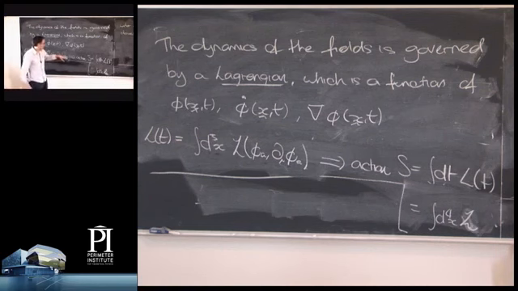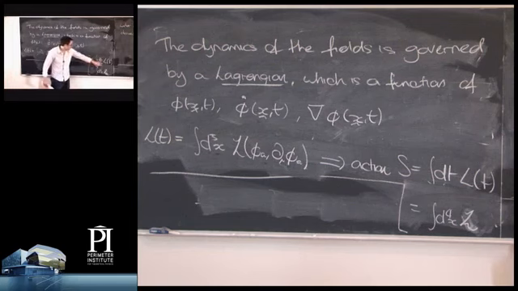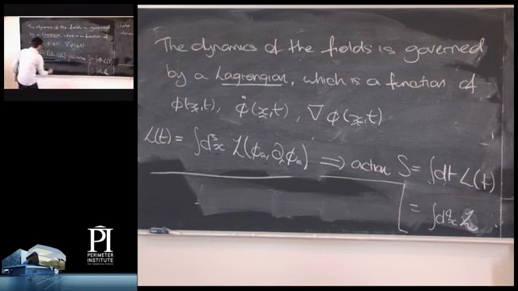So the action is the integral over time of the Lagrangian, but because the Lagrangian itself is the integral over space, the action becomes the integral over space and time of this thing called curly L. So this curly L is really called the Lagrangian density.